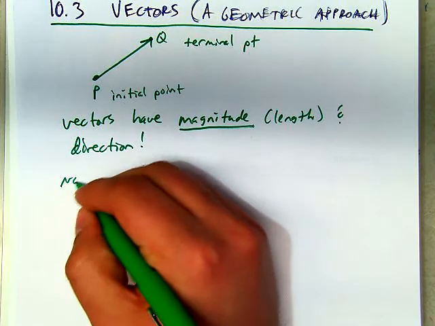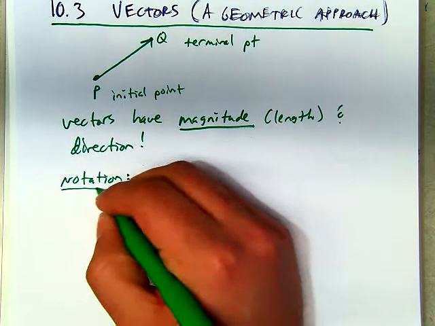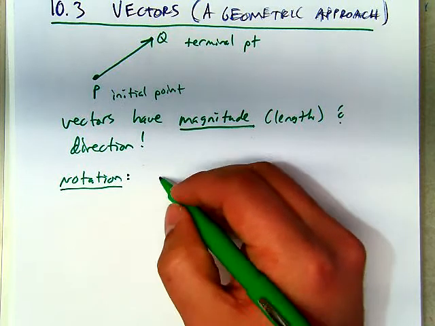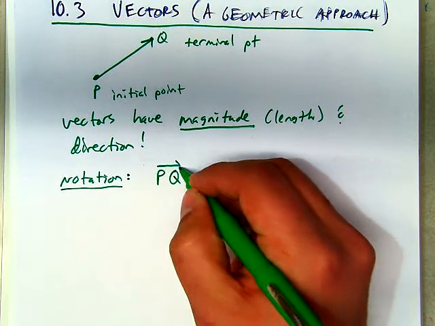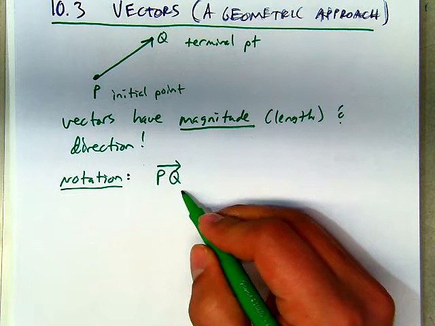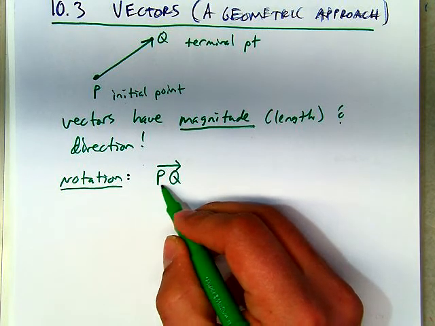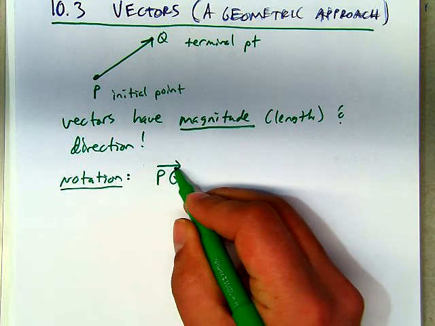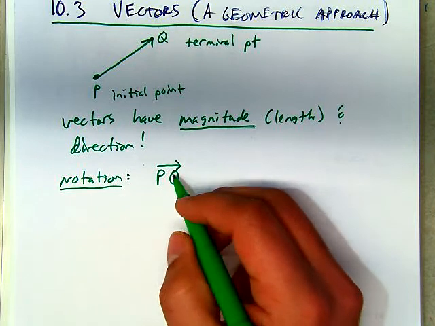Some notations. I believe the book will sometimes use the notation like this, PQ. So this notation means that P is the initial point, Q is the terminal point, and we're talking about a vector because we have a little ray, which actually means vector in the context of vectors.